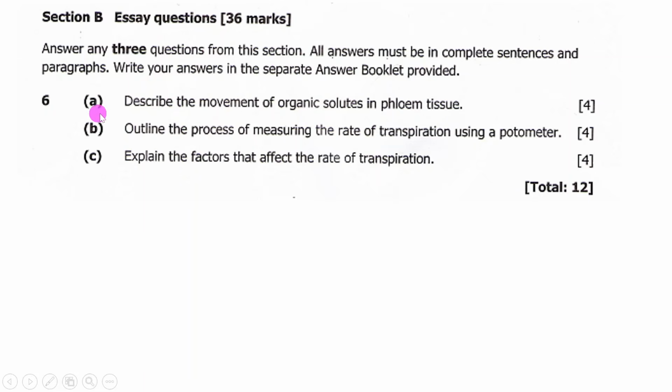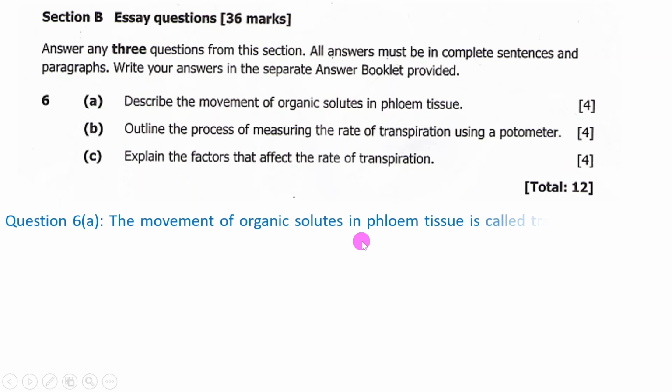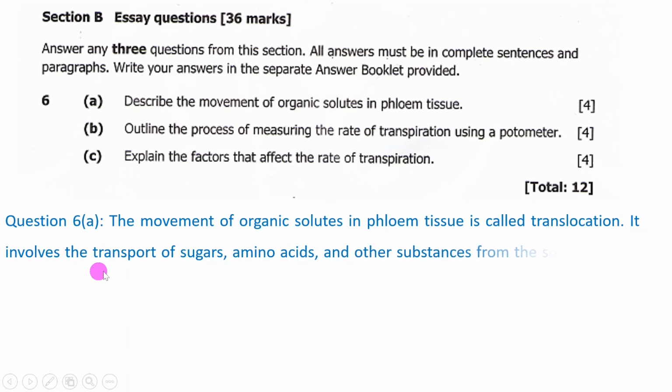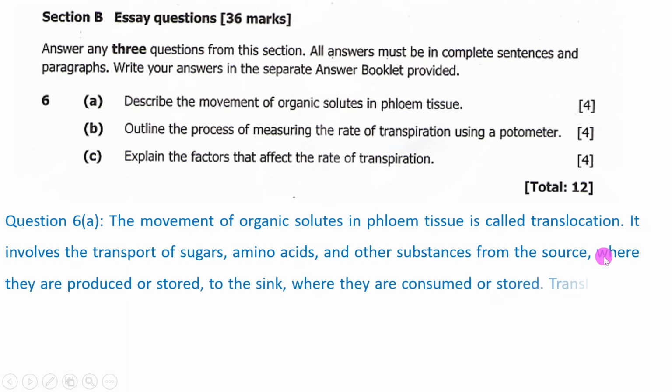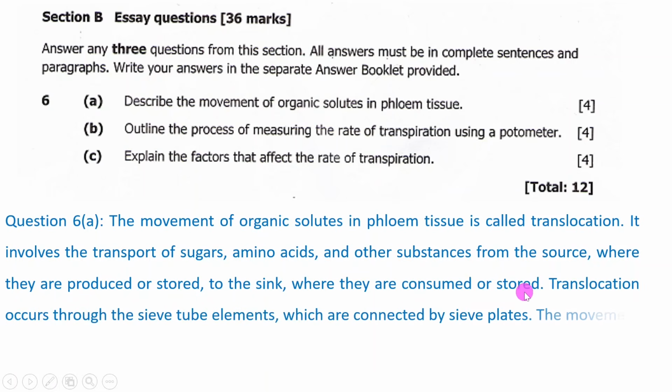So 6A, they are saying describe the movement of organic solutes in phloem. So here the answer says the movement of organic solutes in phloem tissue is called translocation. It involves the transport of sugars, amino acids, and other substances from the source where they are produced or stored to the sink where they are used or consumed.